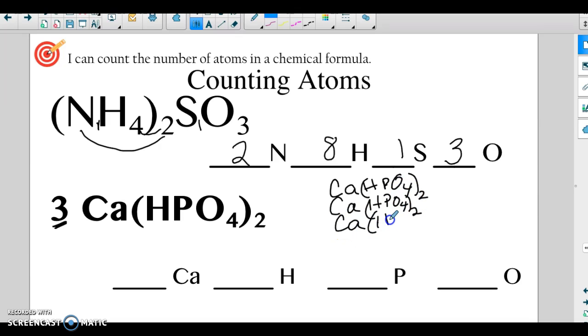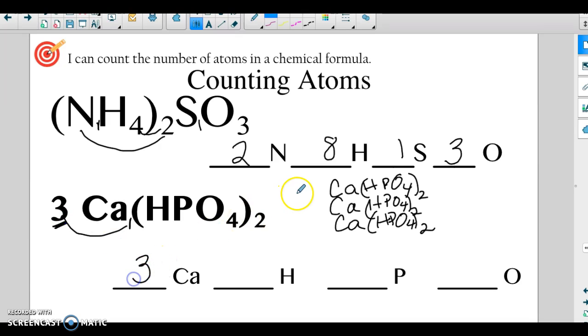But that 3 means I have 3 of these. So what I do now is similar to what I did above, where I'm going to distribute any coefficient. So this one is just a 1. The 2 doesn't go to that. It only goes to what's in parentheses, but then I multiply it through.